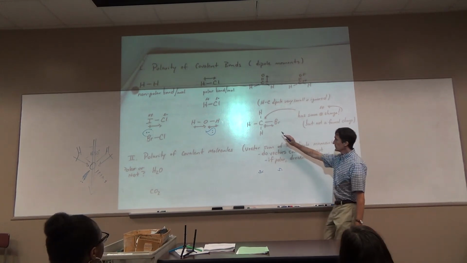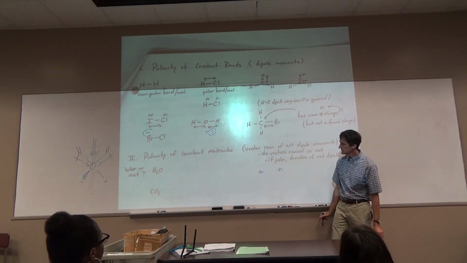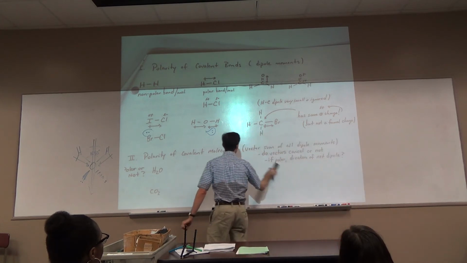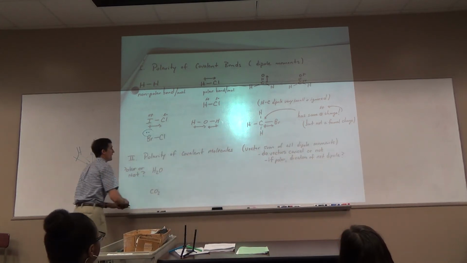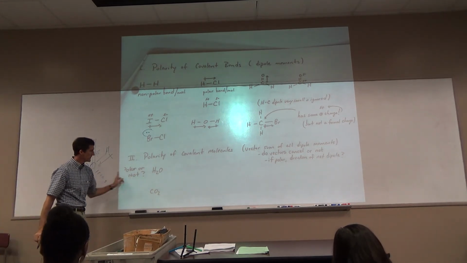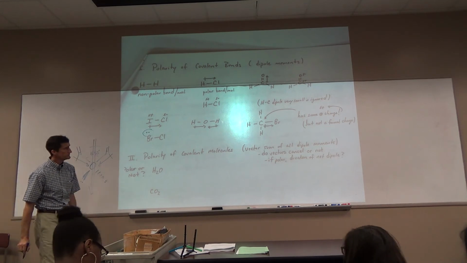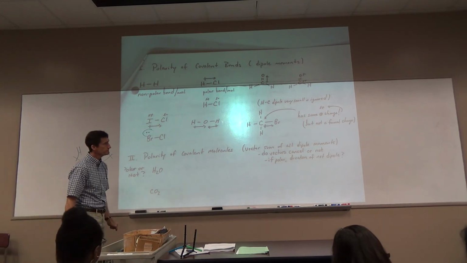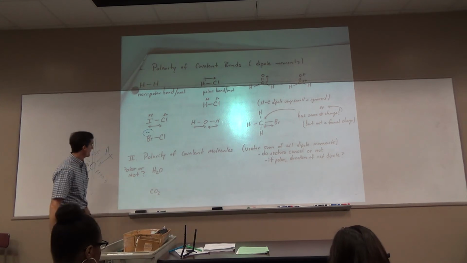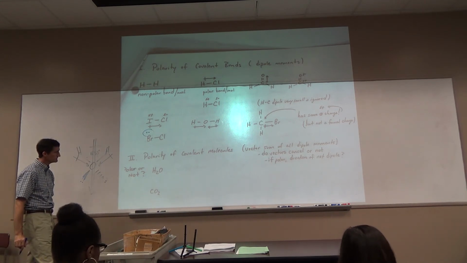Knowing that this carbon is partial positive is going to influence reactivity later on. Okay, let's do some more examples. We've already done water, yeah, polar molecule, a net dipole moment. With such a direction drawn on the molecule.